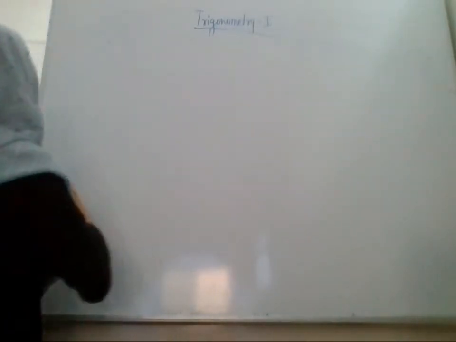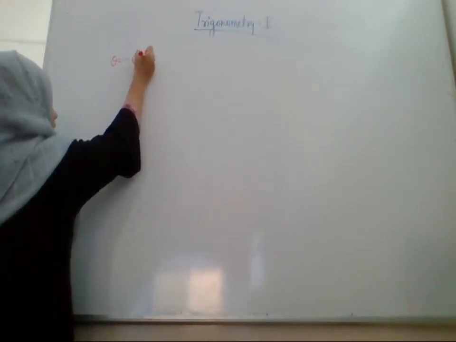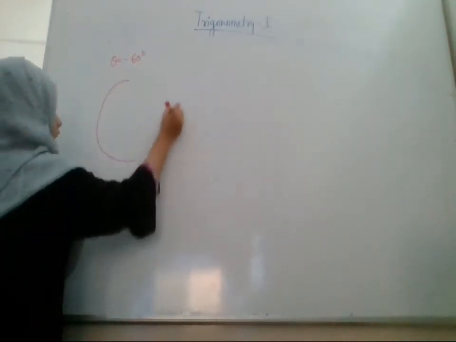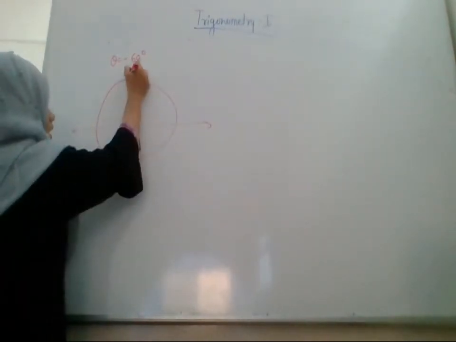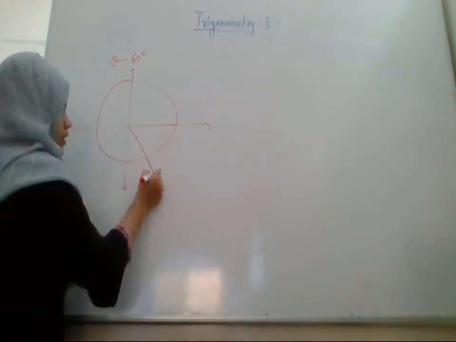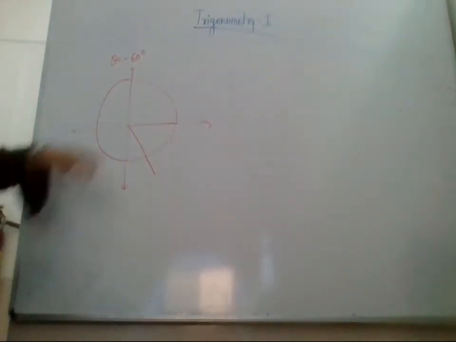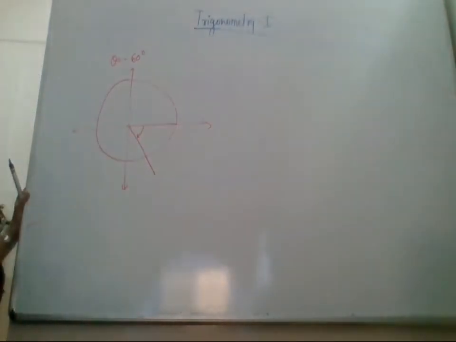So when theta is equal to minus 60 degree, the procedure is the same. Make a unit circle. Take a minus 60 degree angle. Because the minus sign is there, we have to go in the opposite direction, the clockwise direction.